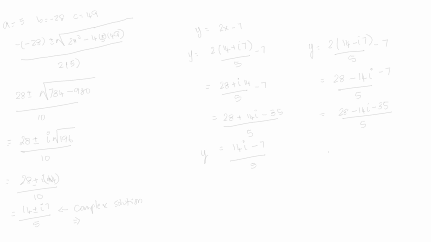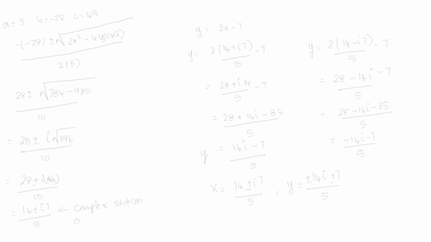So the answer would be minus 14i minus 7 over 5. So the pairs are x is equal to (14 plus or minus i7) over 5, and y is (minus 7 plus or minus 14i) over 5.